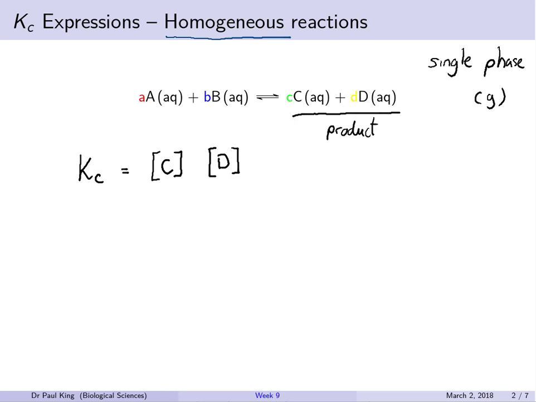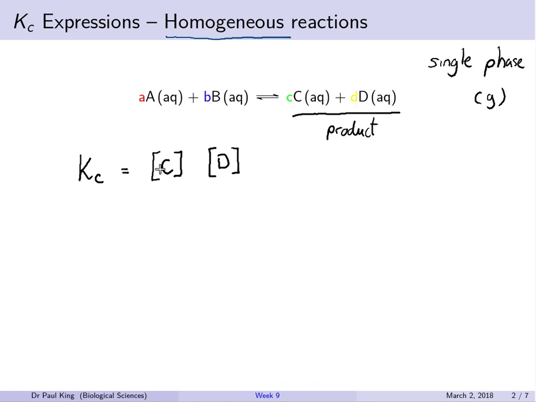What we then have to do is to raise those concentration terms to the power given by the coefficient that occurs in the chemical equation that we've got here.